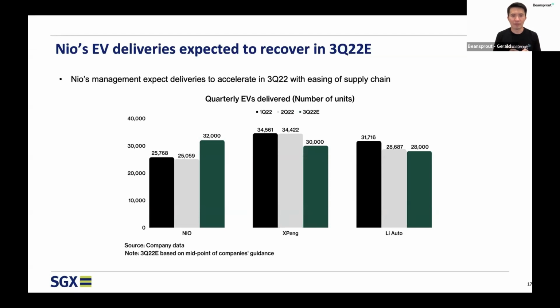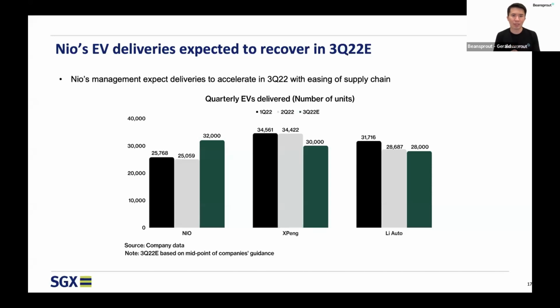We saw that the deliveries have slowed down in the second quarter, but what is more important, given that we are now in September, is their anticipation around whether we'll start to see a recovery from this quarter onwards. The encouraging thing here is that if we look at NIO, in the third quarter, based on the company guidance, this is not a forecast. This is what the management have come out publicly to say they are expecting.